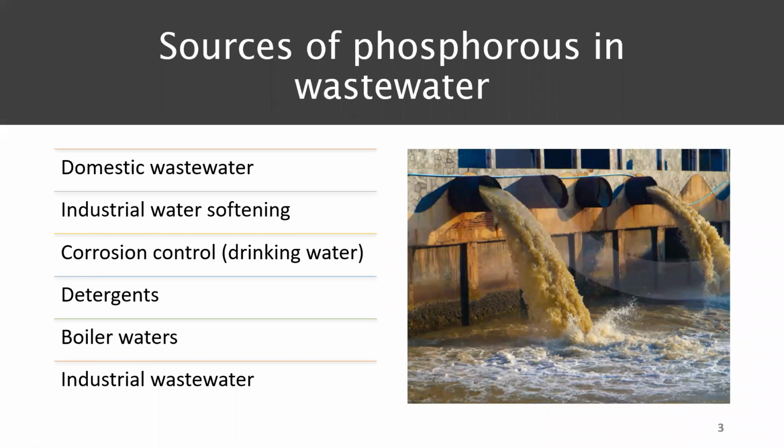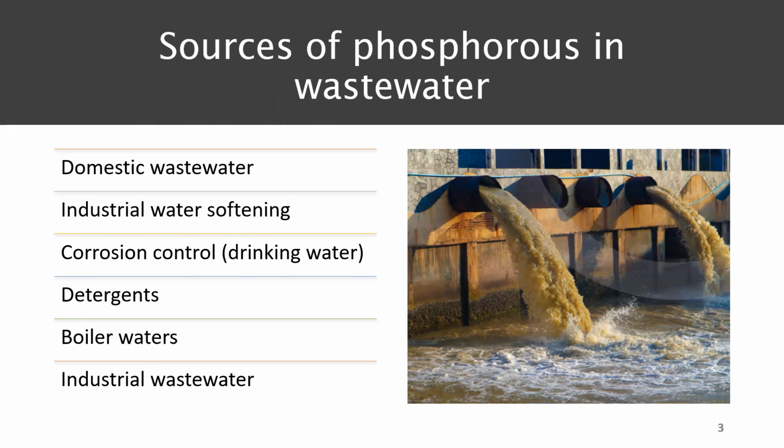So how does phosphorus end up in wastewater? We have domestic wastewater, so anything that we use when we're flushing the toilet, that type of material. Also the gray water from showers and sinks, everything like that's going to come, and that can have phosphorus. There's industrial water softening. There's very commonly polyphosphate added to drinking water to prevent corrosion in pipes.